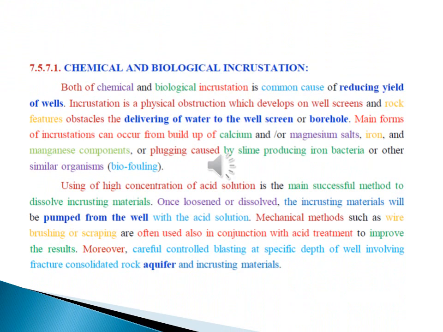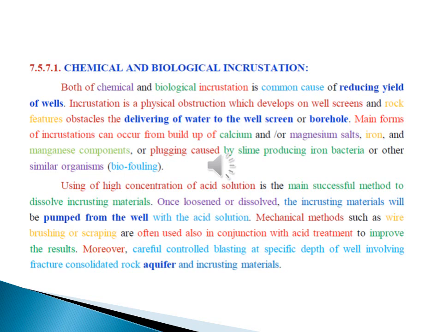Chemical and biological incrustation. Main forms of incrustation can occur from build-up of calcium and or magnesium salts, iron, and manganese components, or clogging caused by slime-producing iron bacteria or other similar organisms. Using a high concentration of acid solution is the main successful method to dissolve encrusting materials.